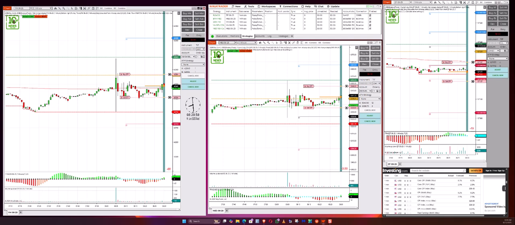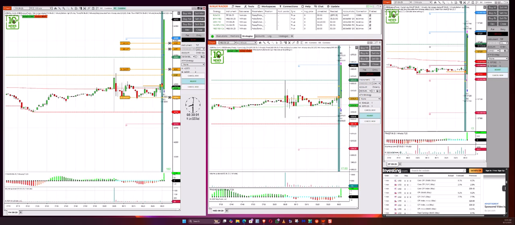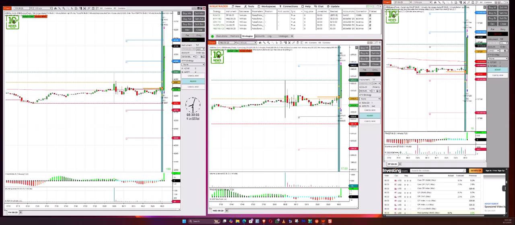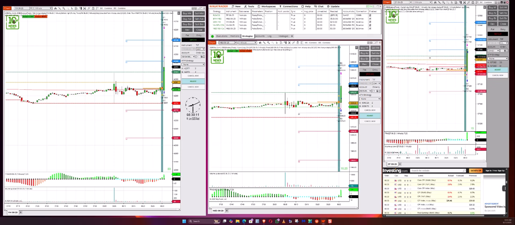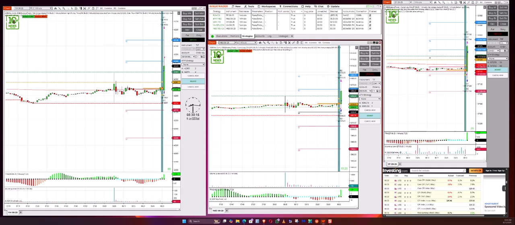Gorgeous, gorgeous, gorgeous YM trade. Now the MES didn't work because it looks like it whipped down first. And it looks like bonds might have done the same thing, that they whipped down.